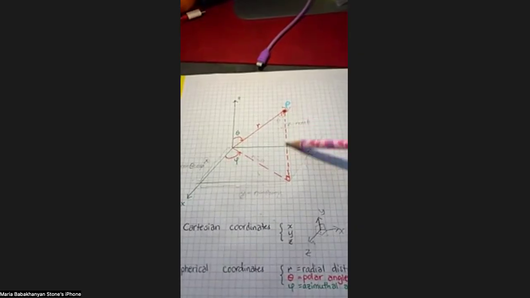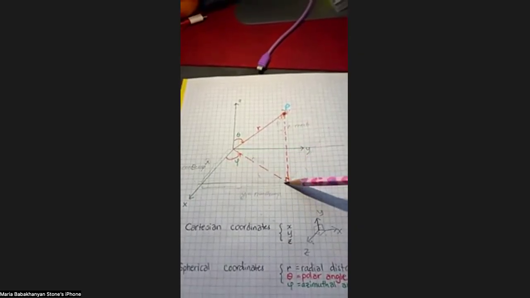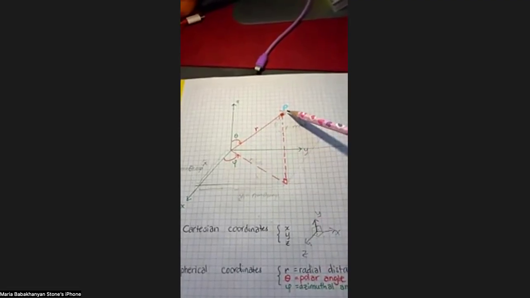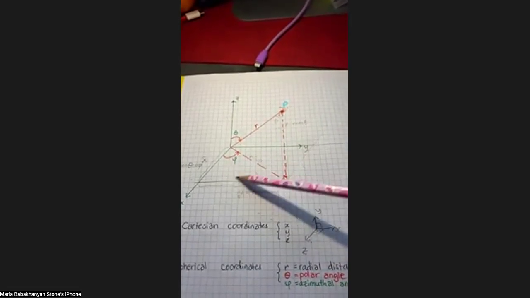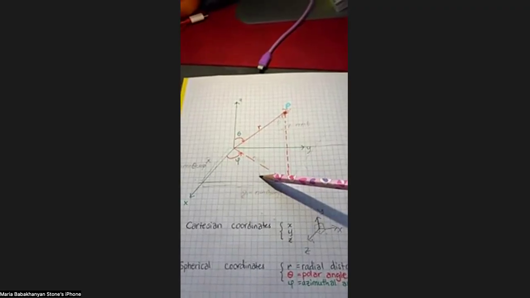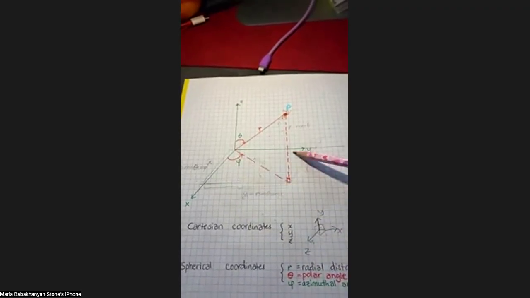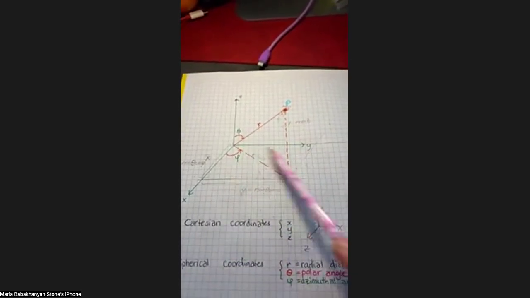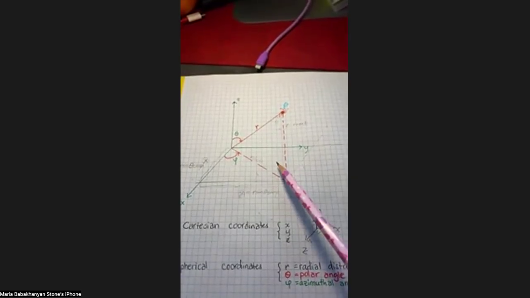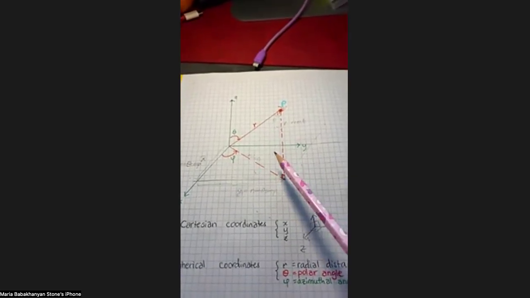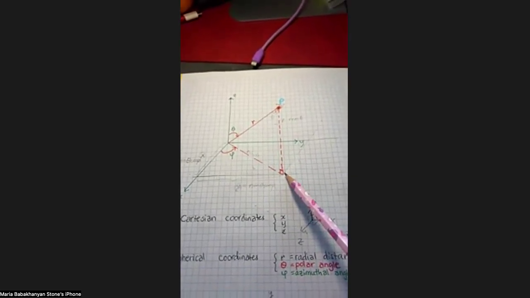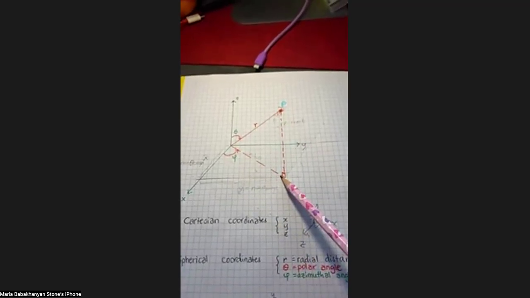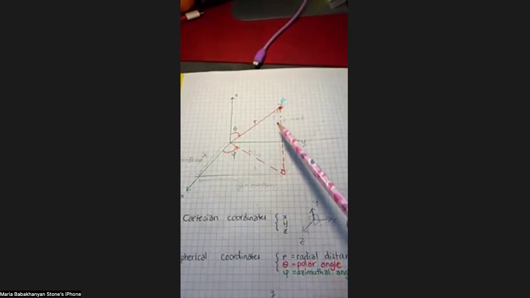So if you create the projections from the R onto the plane formed by two of the coordinates x, y, and z, arbitrarily we can choose x and y. If you use again the right angle rules, then you know that this is your R sine theta, because this is theta.